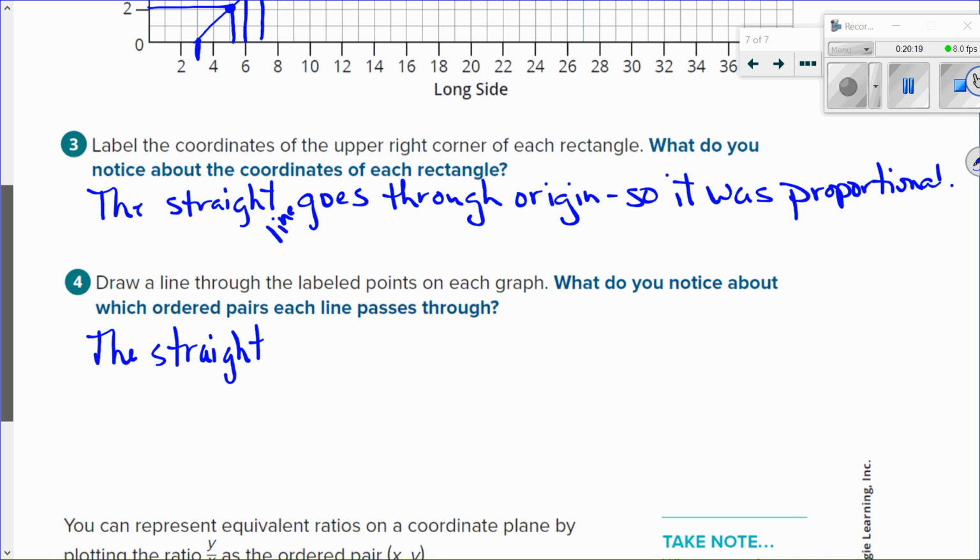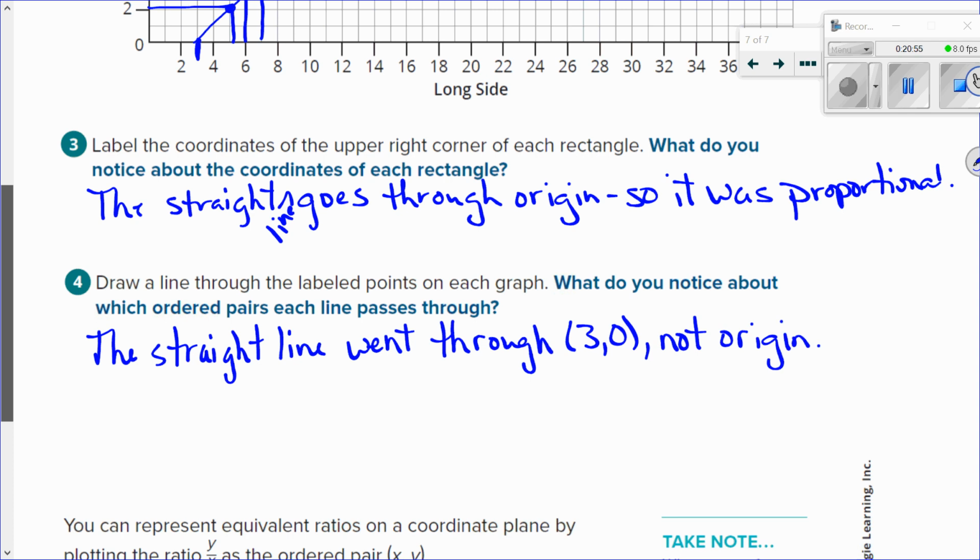The straight line. Oh, I'm sorry. Did you have something you needed to add? Because I thought I was talking now. Did I miss something? Green shirt, I am sorry, I don't know your name. What's your name? Izzy. Izzy? Did I miss something that we needed to add? Okay. So the straight line went through 3, 0, not the origin.